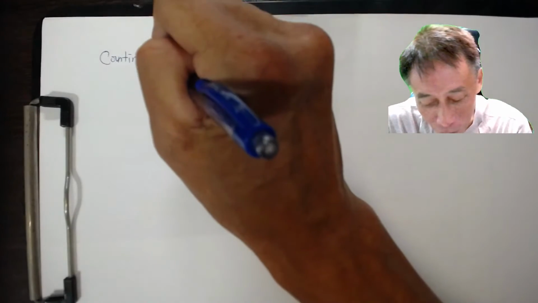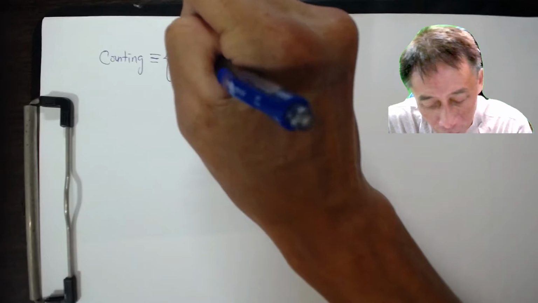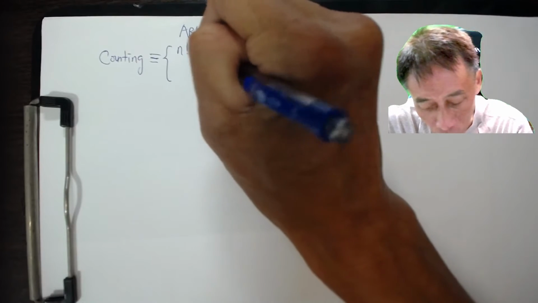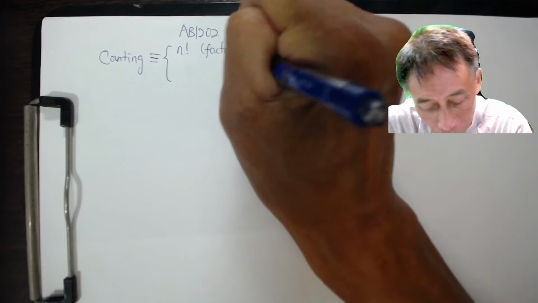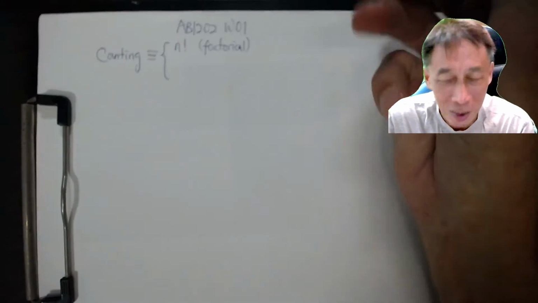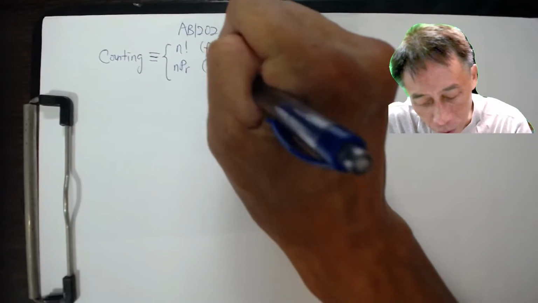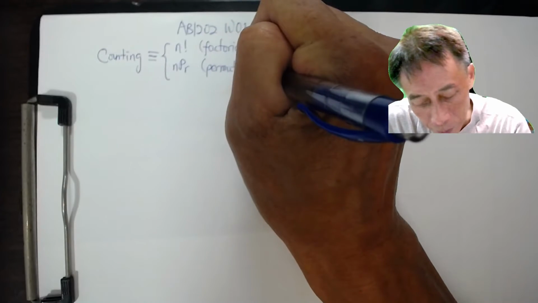So what I want to talk about is n factorial. So that's called the factorial. You might find this in your calculator as well, right? And a slightly more scientific calculator might also have nPr, and you call this the permutation function.